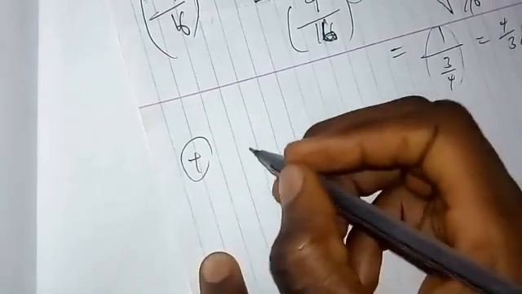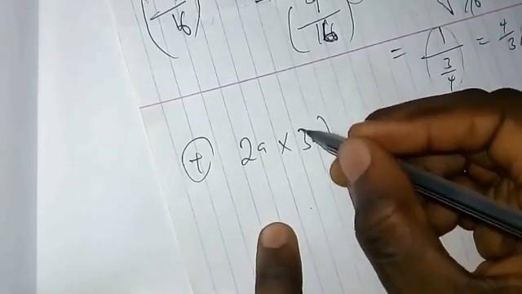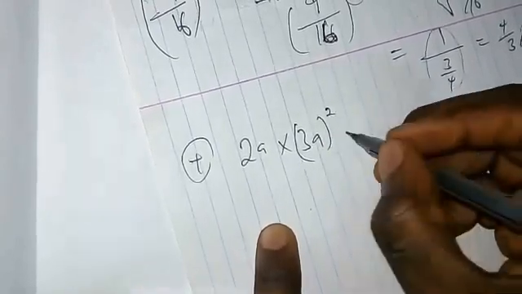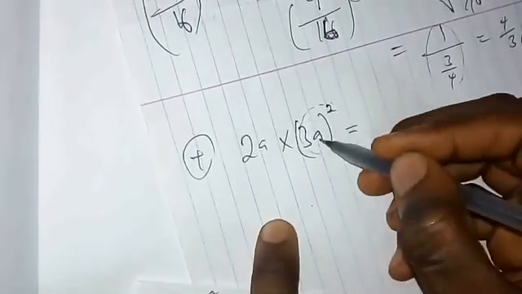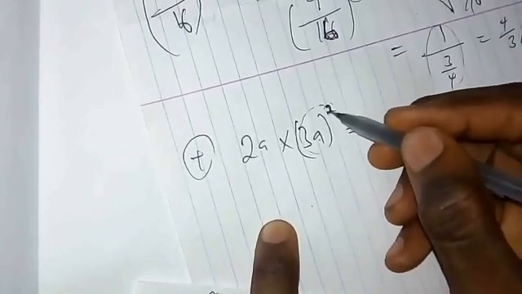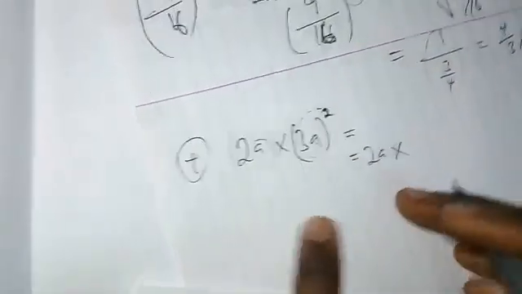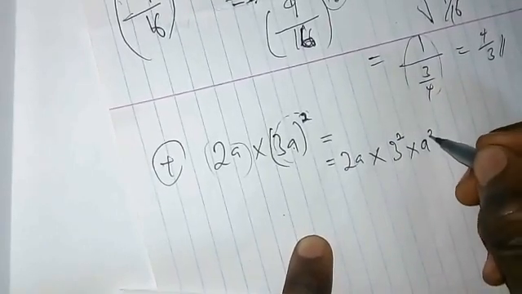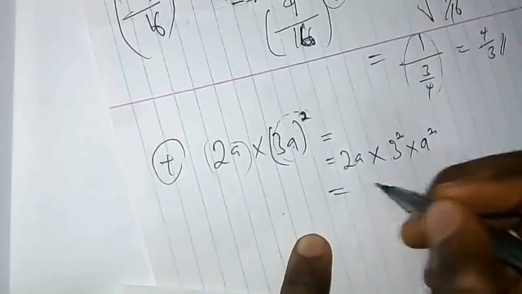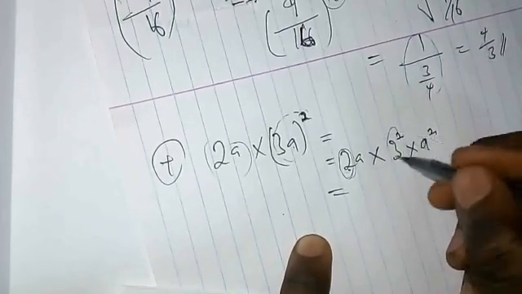So we have the fourth one, which is 2a squared multiplied by 3a, all raised to the power of 2. Here we firstly expand the bracket. They both have the square, so we write a squared, then multiply it by 3 squared multiplied by a raised to the power of 2.